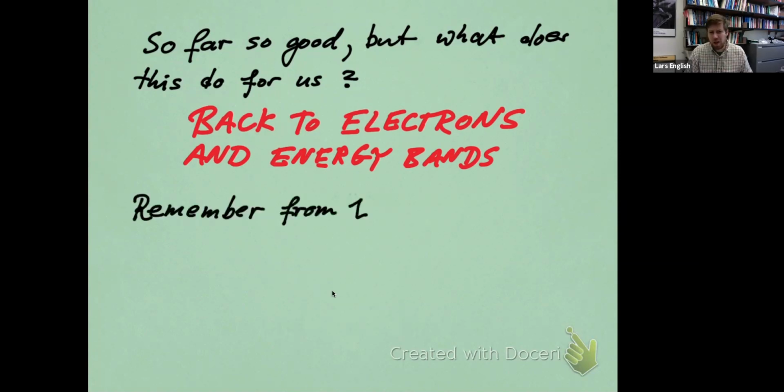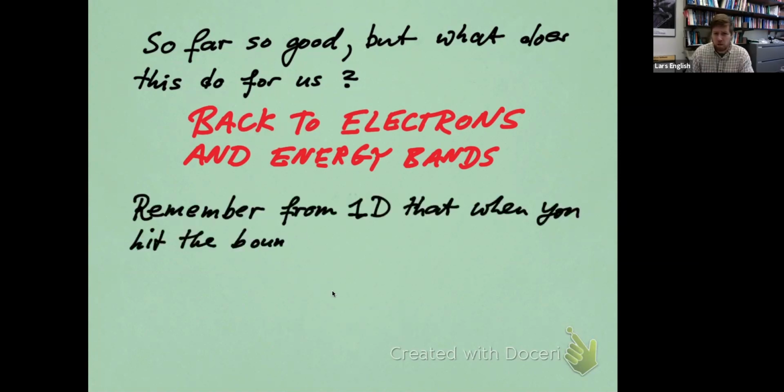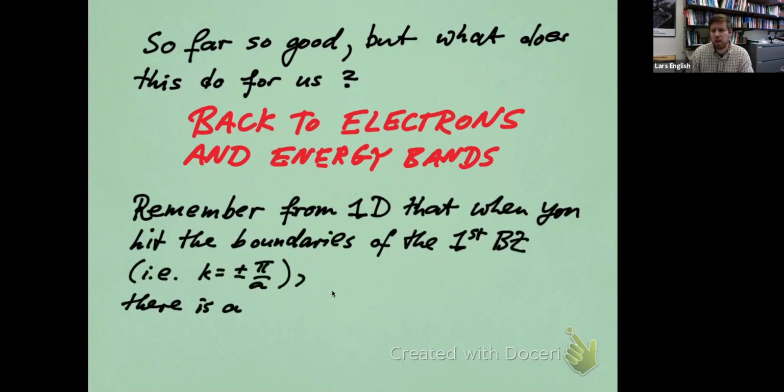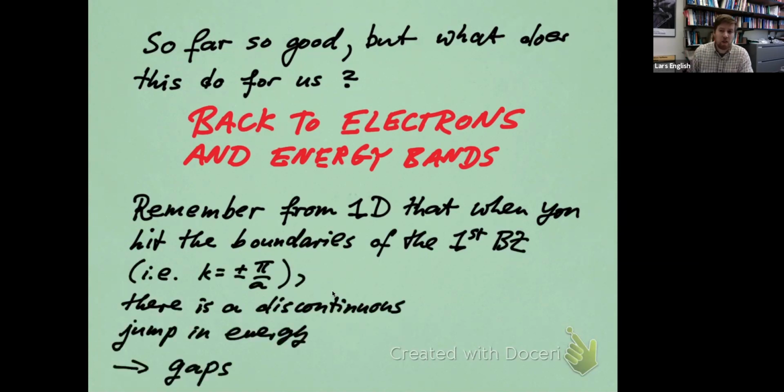Okay, and so remember that from a 1D point of view, when we hit any of those boundaries, those Bragg planes, if you will, or Bragg lines, or bisecting lines, just all different terminology for the same thing, when we hit one of those, then there is a discontinuity in energy, right? There we have a gap, an energy gap then.